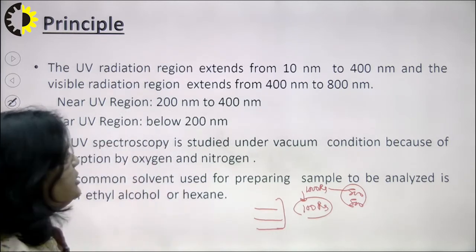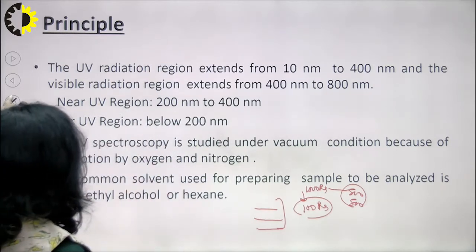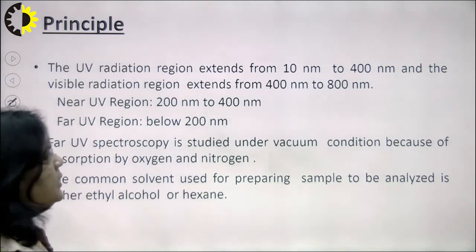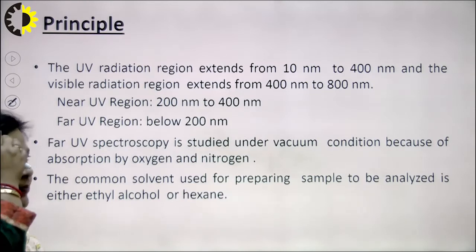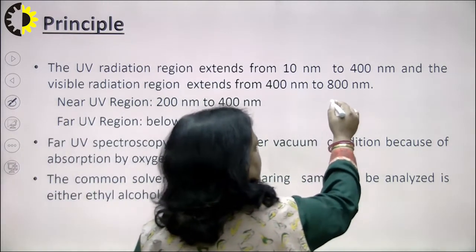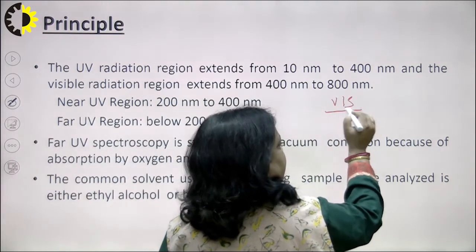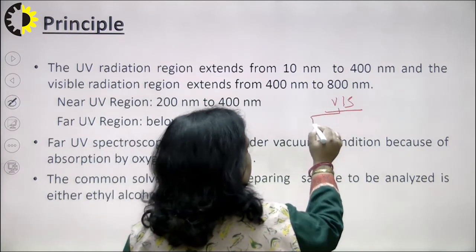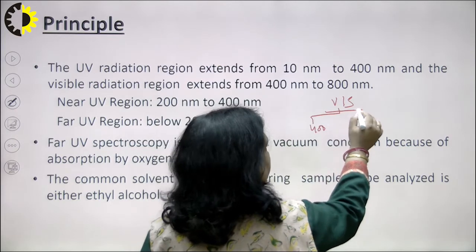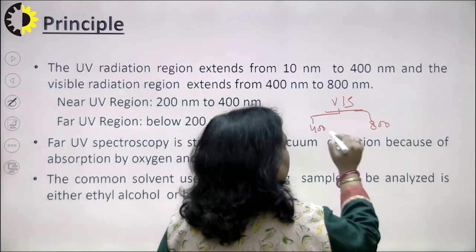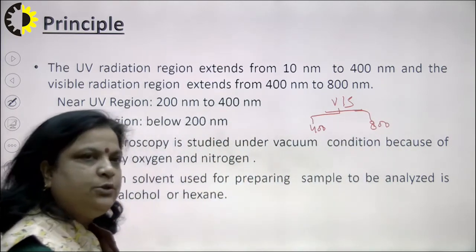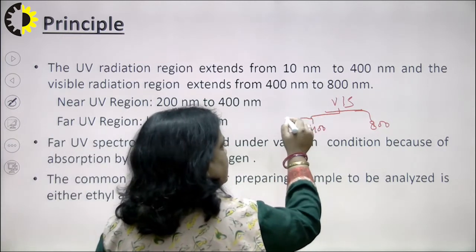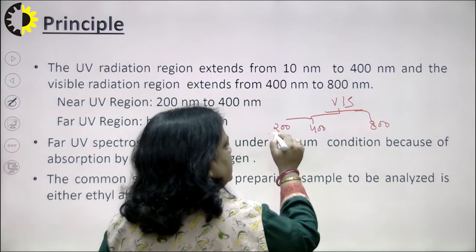Now, first is the range. The range of UV visible: we know that visible is a 7 color spectrum and its range is about 400 to 800 nanometer, or we can say about 4000 to 8000 angstrom, and UV is below this, up to 200.